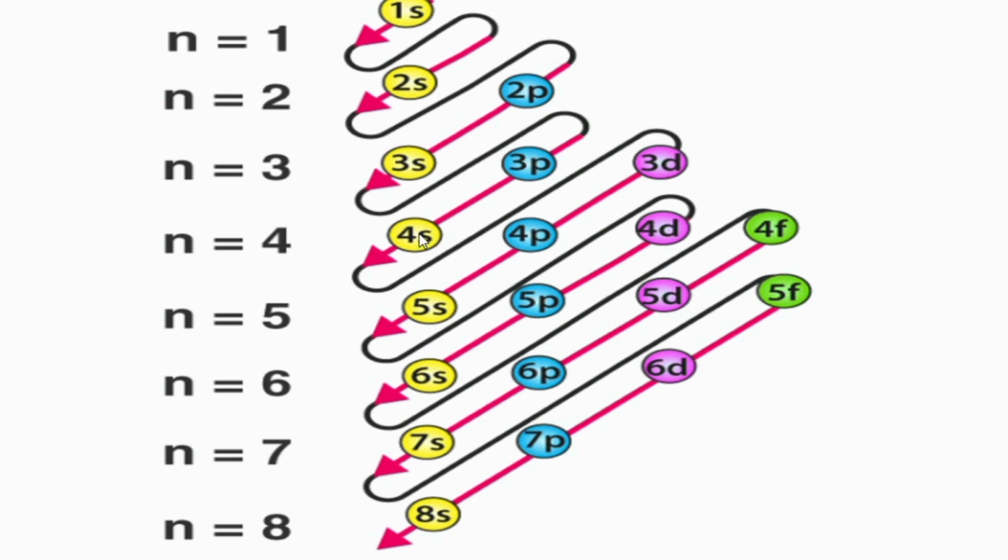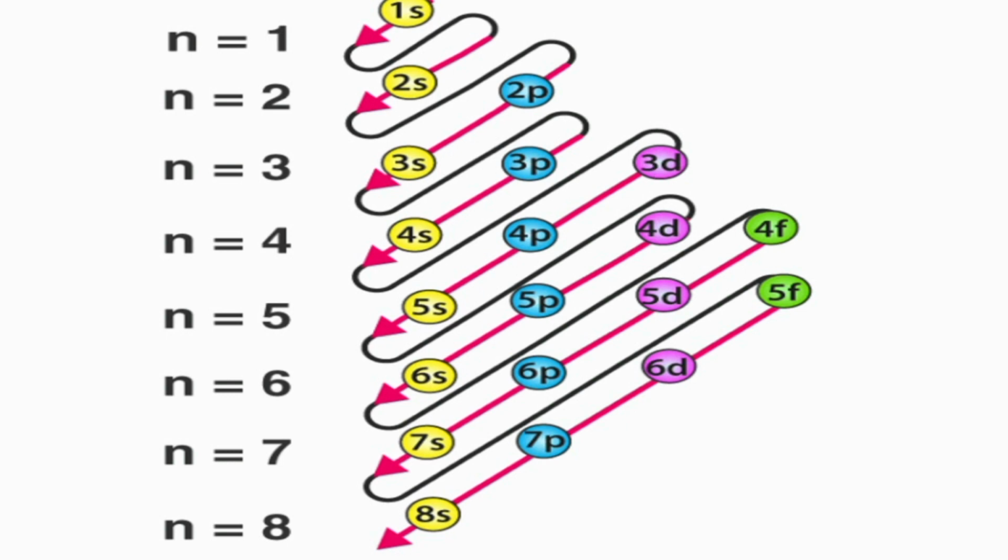Looking at the 4s and the 3d orbitals respectively, you could see that the 3d is of higher energy than the 4s, even though the 3d orbital is in principal quantum number 3, that is the third shell, and the 4s is in the fourth shell.